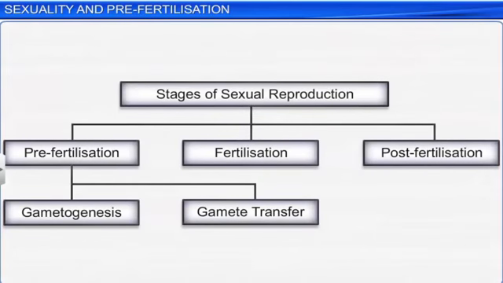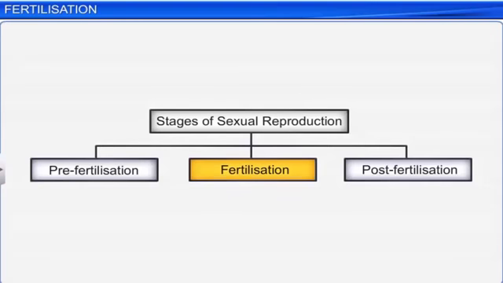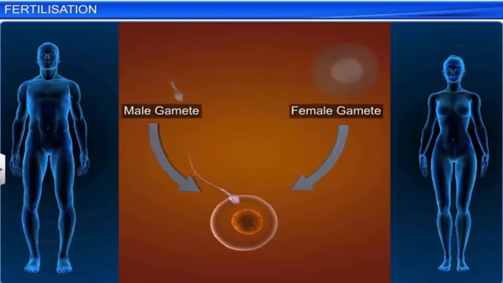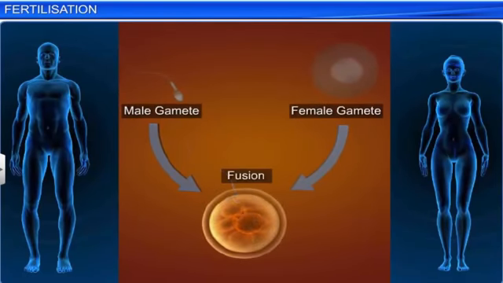Thus, whether in animals or plants, gamete transfer and gametogenesis are the two main events that occur in the pre-fertilization stage of sexual reproduction. Fertilization, the second stage in sexual reproduction, is also the hallmark of the process. During this stage, the male and female gametes fuse to form a diploid zygote.